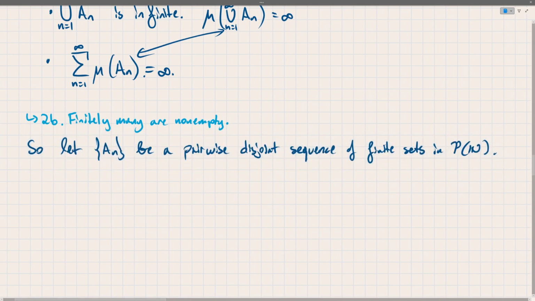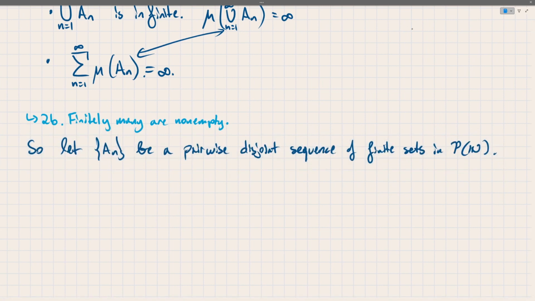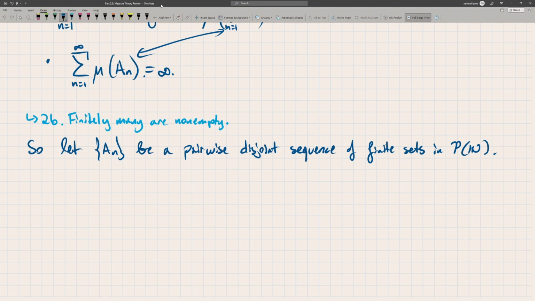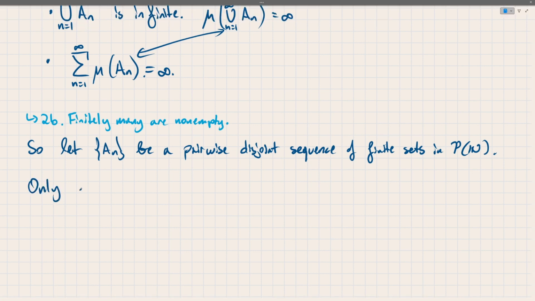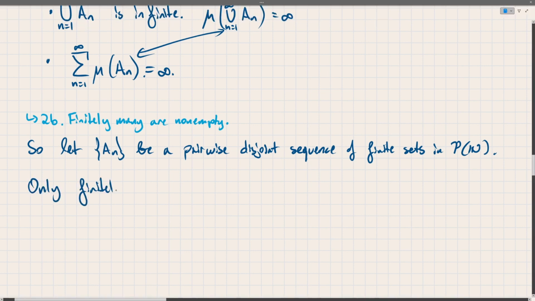So let AN be a disjoint sequence of finite sets in Pn, and only finitely many are non-empty.